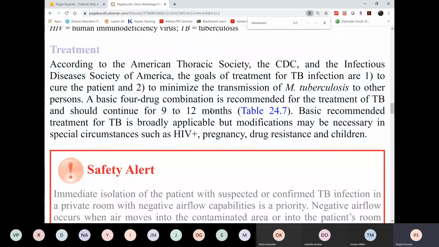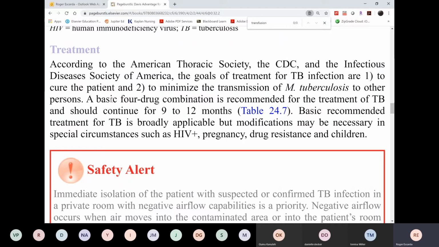Treatment. The doctor decides the treatment, so it's not us. So we don't have to answer how long it will be, but the minimum is 6 months for latent TB. Active TB, there's no way you can treat it in 6 months. It has to be longer than 6 months.